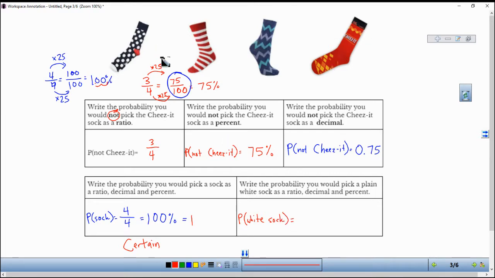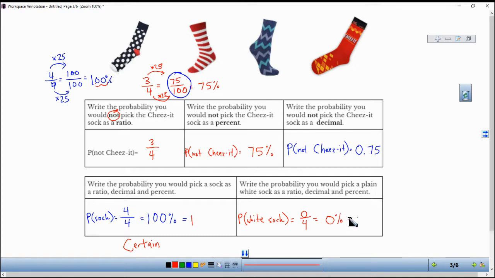Just plain white socks. We have 0. Okay, what are the possible outcomes here? There's still 4 socks in there. So the possibility of picking out a white sock would be 0 out of 4. Now, as a percent, it'd be pretty clearly 0%.